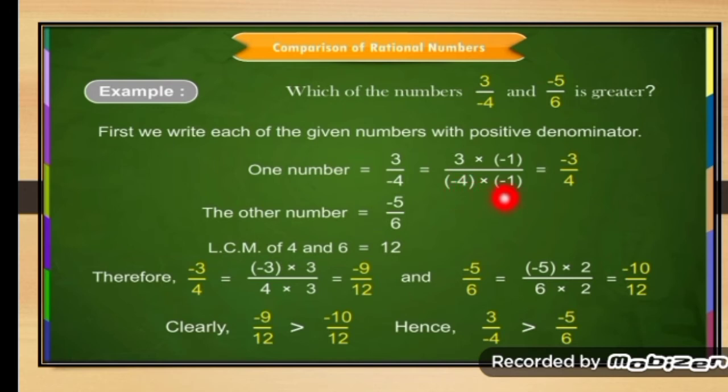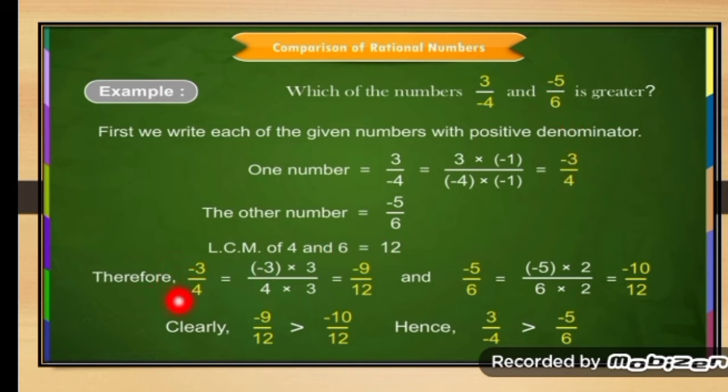So after multiplying by -1, we get -3 by +4. Now, according to second step, we will take the LCM of positive denominators of both rational numbers. Here denominators are 4 and 6. The LCM of 4 and 6 is 12. So we will make these denominators equal to 12.